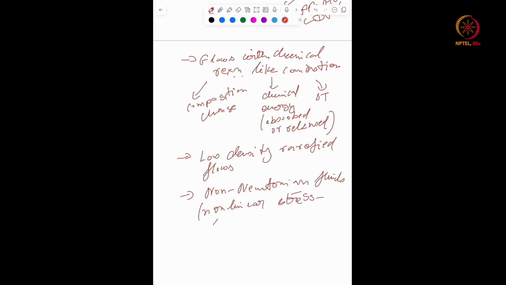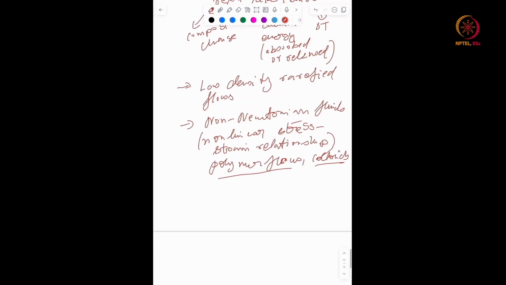Examples: polymer flows, colloids. We have done much work on this. Again, you rely on the same type of instrumentation that you can think of and use the same for doing this. And then you can have things like magneto-hydrodynamic flows also. That is also an important parameter.